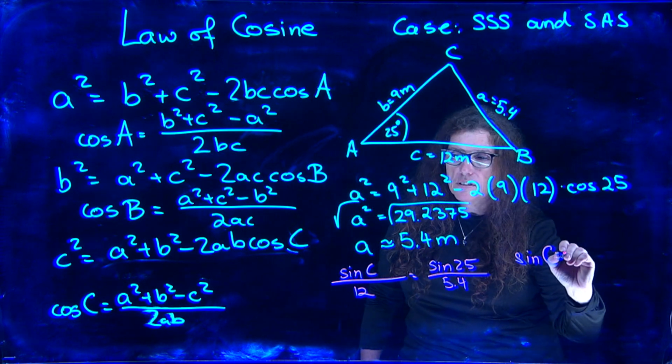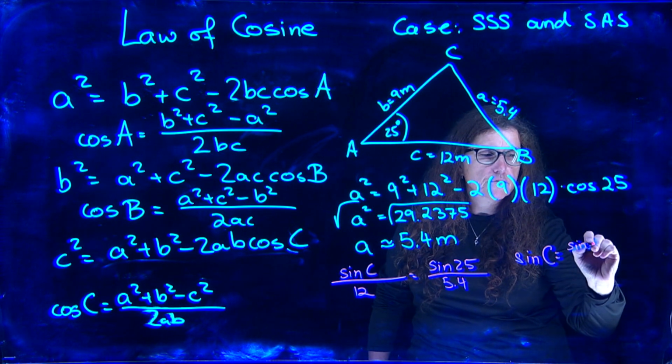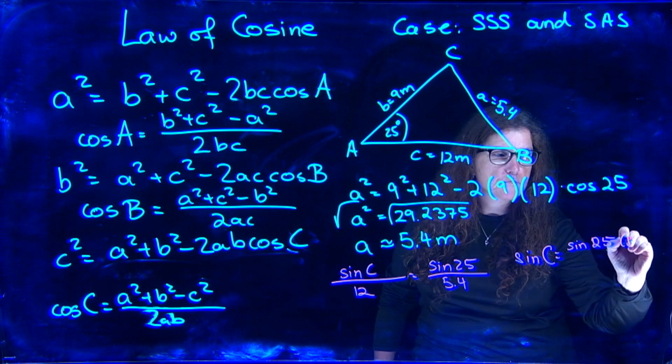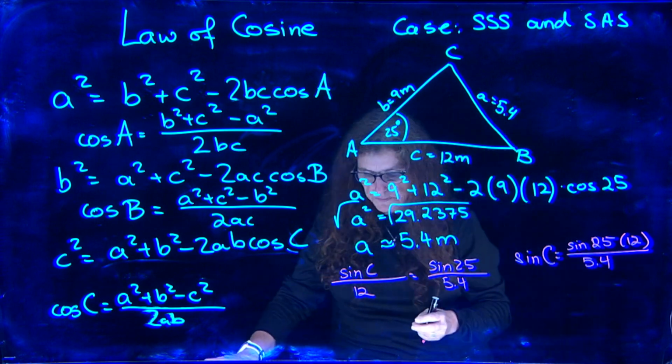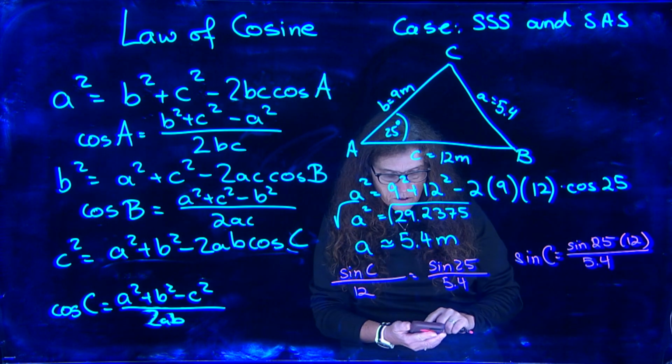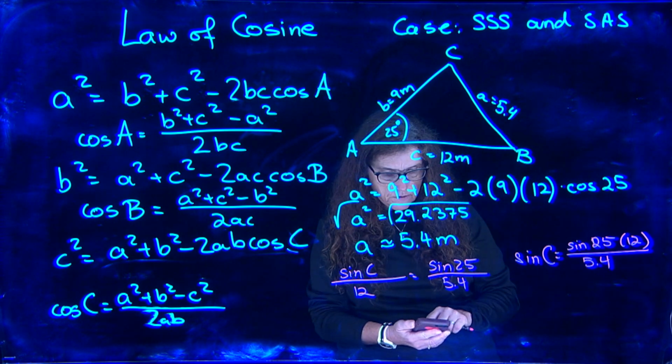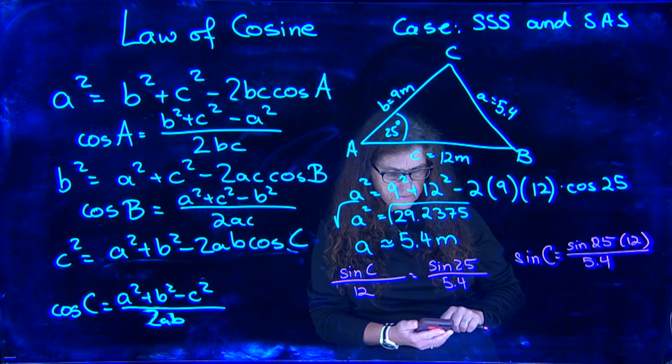Sine C equals the sine of 25 times 12 divided by 5.4.